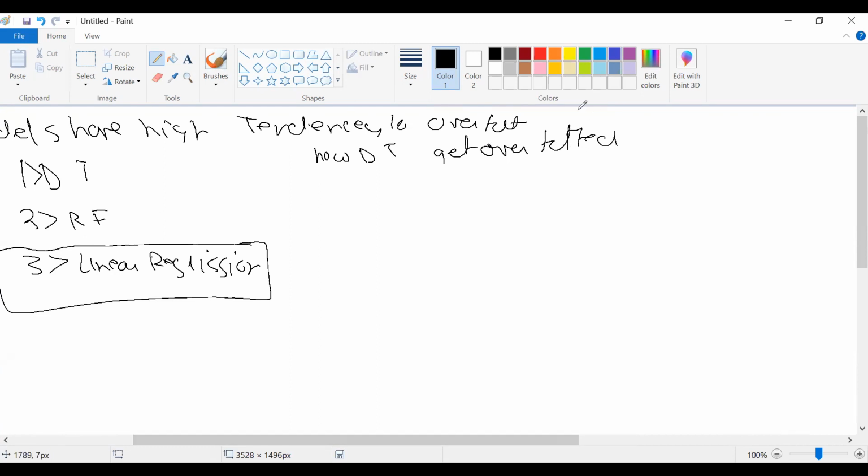Can I have a simple answer to this? We have already discussed it, maybe without using the word overfitting. Yes, perfectly right answer. Good one. So let me draw two trees in front of you.